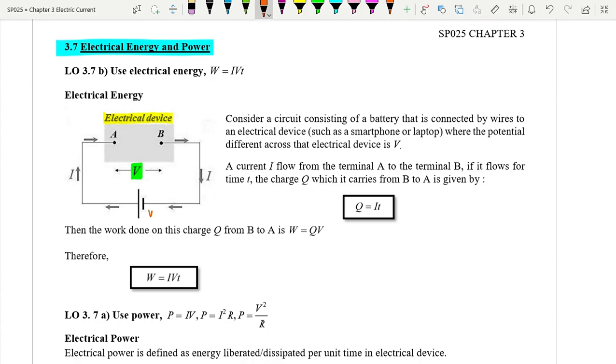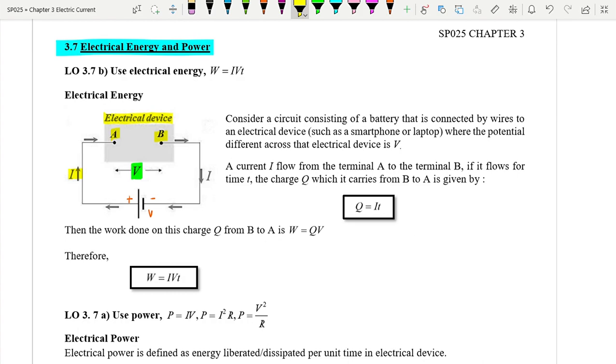Actually, if there is current flow, in this case current flows from the positive terminal to the negative terminal. So this is the direction of current, from positive to negative. In this case it will move from A to B across the device. So we have a formula that relates current and charge flow.